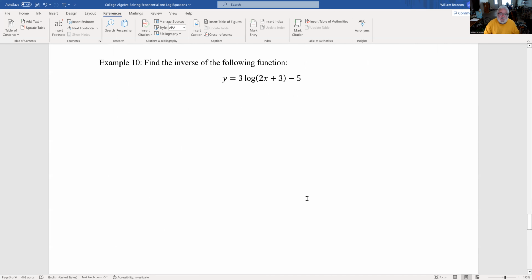Same thing here. Isolate the log term because to use the fundamental rule, we need to use log base b of m equals x. So we need to get a log term all by itself. So we'll add a 5 to both sides.